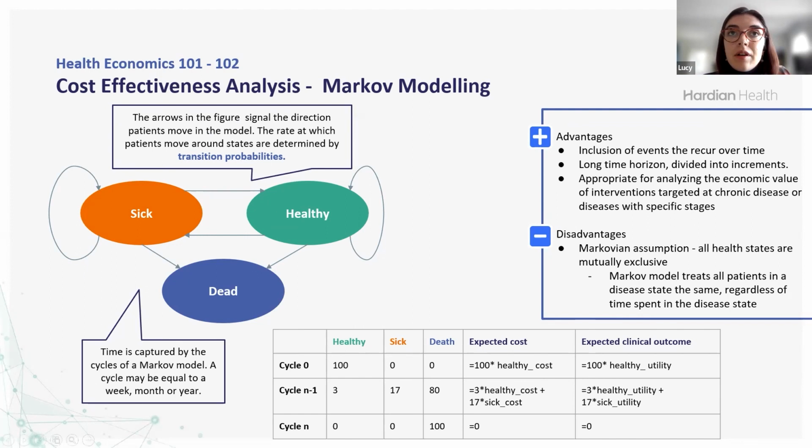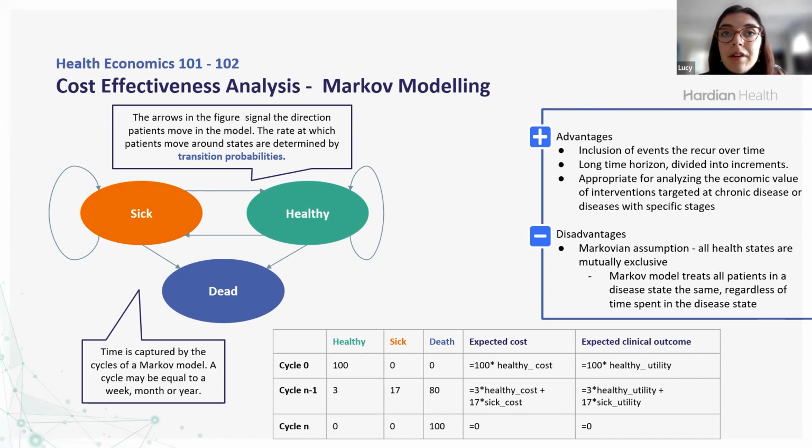With the Markov model, you preset health states which reflect the disease characteristics or therapy area of focus. On the screen there, I've got a very simple example. Patients are either sick, healthy, or dead. Typically, you start patients in the same health state at the start of the model time horizon. So for instance, all patients in this case could start healthy.